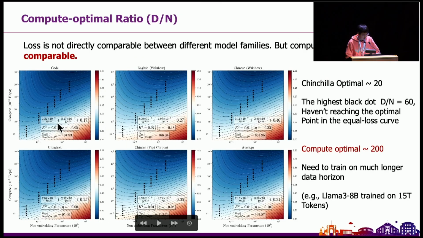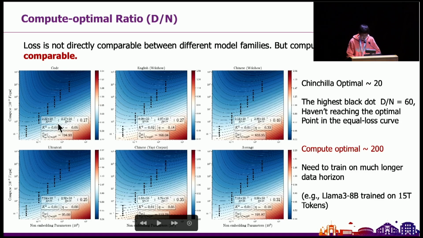As for the compute optimal ratio, it is better than loss because loss is not directly comparable between different model families, but the compute optimal ratio is comparable. For example, the Chinchilla optimal, which we used to use, is 20, which means the data to model ratio is 20 times.